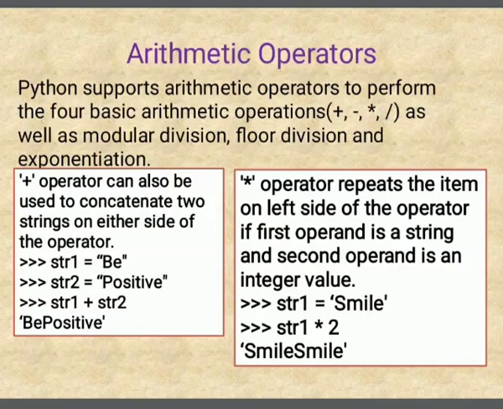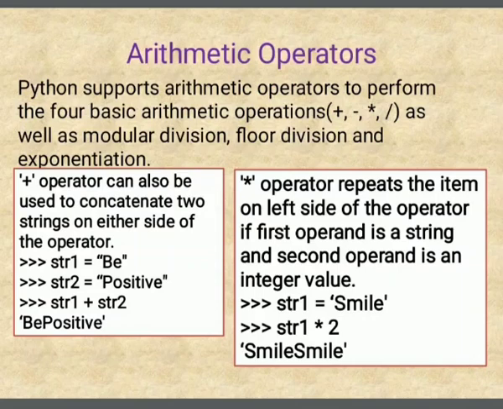Plus is a mathematical operator used for calculation, but here we are not providing numeric values, we are providing string values. In this case, it will do the work of concatenation. Concatenate means to join, to combine. So str1 + str2 will result in "b positive". It will combine the two separate strings into a single string.